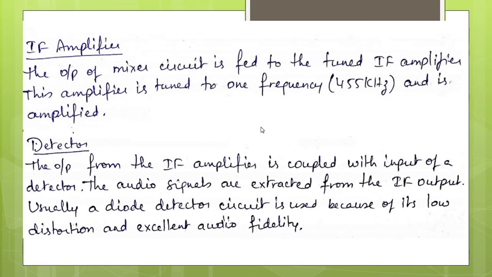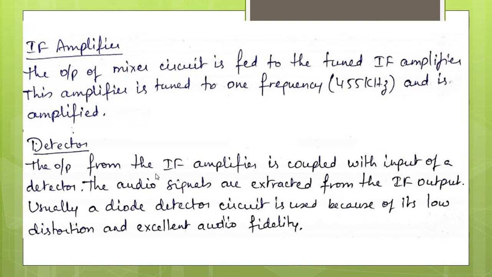The output of the mixer is fed to the tuned IF amplifier. This amplifier is tuned to one frequency, 455 kilohertz, and it is amplified. Then we have the detector circuit. The output of the IF amplifier is fed to a detector circuit.